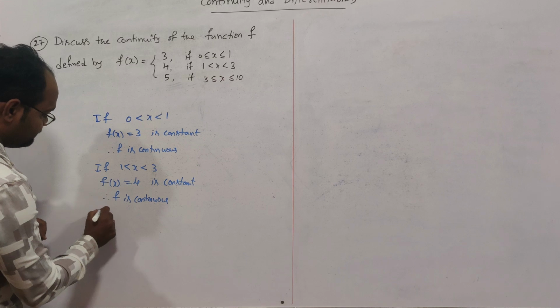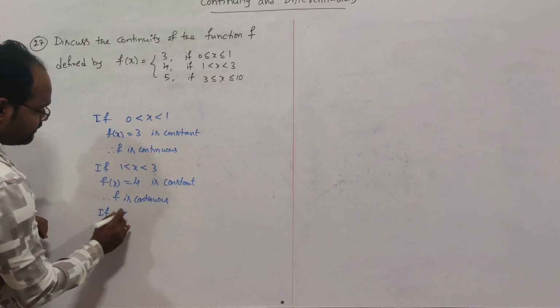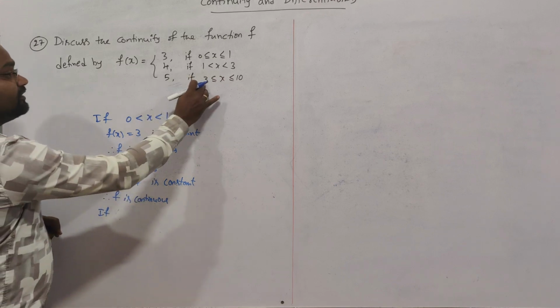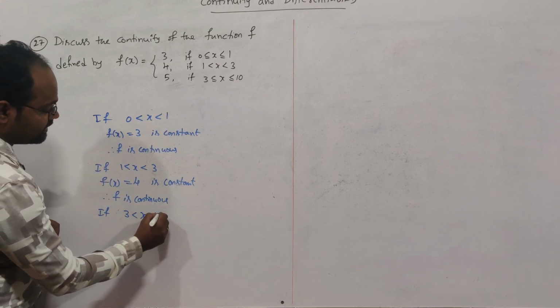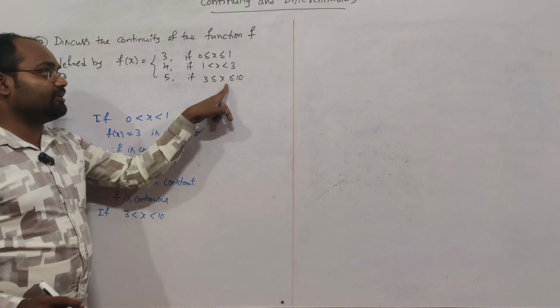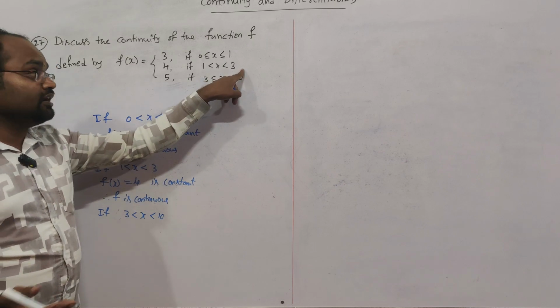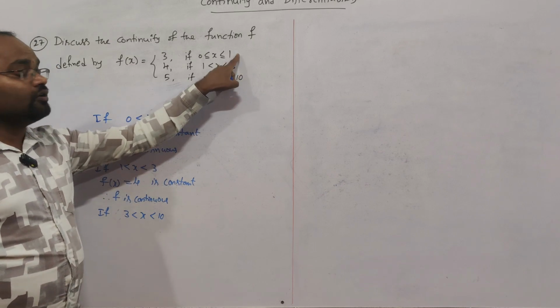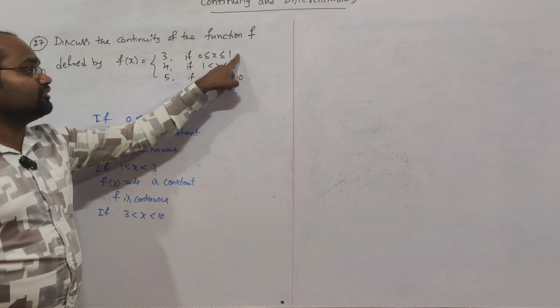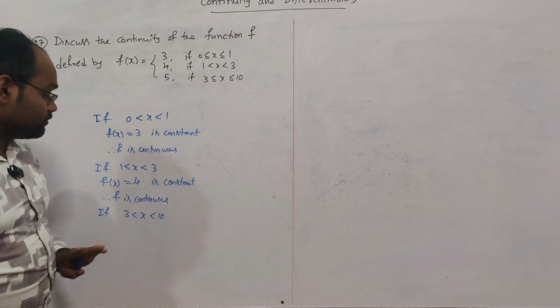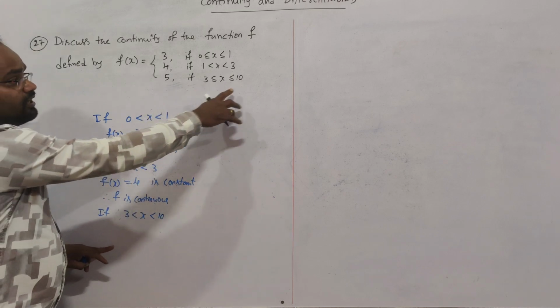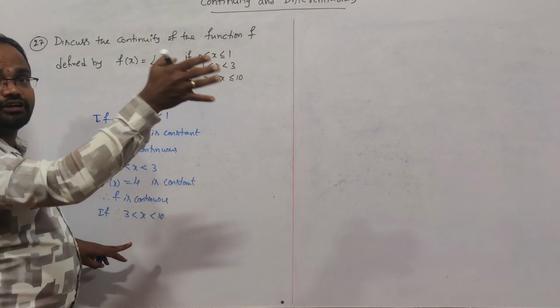ಅದೇ ತರ if the value of x lies between 3 and 10, 3 less than x less than 10, here equals ತಗೊಂತಿಲ್ಲ, because 3 is the point of separation. ಅಲ್ಲಿ LHL RHL ಚೆಕ್ ಮಾಡಬೇಕು. 1 ಅಷ್ಟೇ equal to 1 ತಗೊಂತಿಲ್ಲ, because 1 is the point of separation, we should not include it. So 3 ನು include ಮಾಡೋಂಗಿಲ್ಲ, and 10 is the end point, ಅಲ್ಲೂ ಕೂಡ ಚೆಕ್ ಮಾಡಬೇಕು.